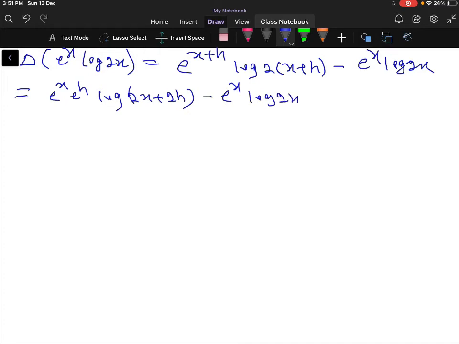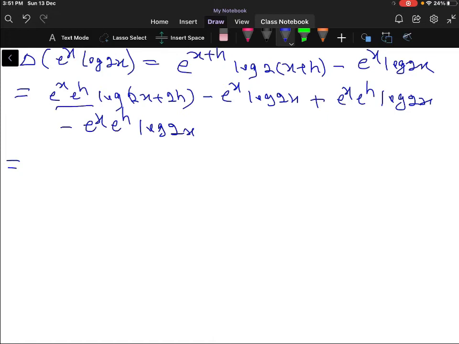So you can simplify further by adding and subtracting e power x into e power h into log 2x and subtracting e power x into e power h log 2x.